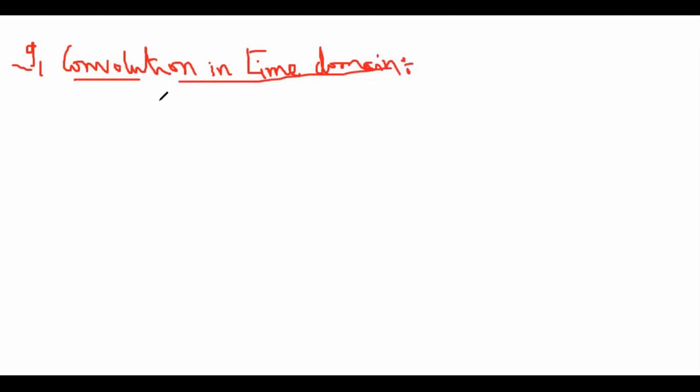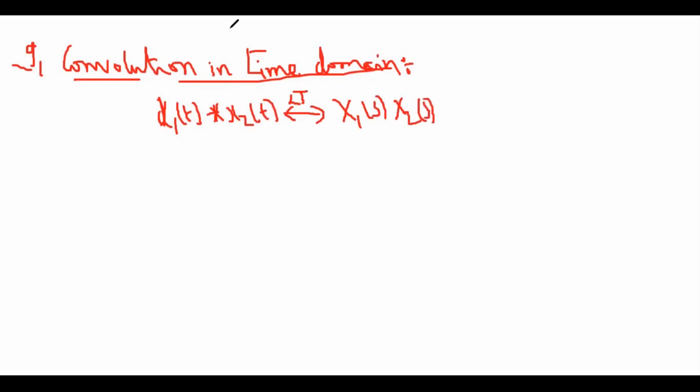The statement says that if I take x1 of t convolved with x2 of t, its Laplace transformation is X1 of s, the product with X2 of s. This is the statement you have to prove for the convolution in the time domain.